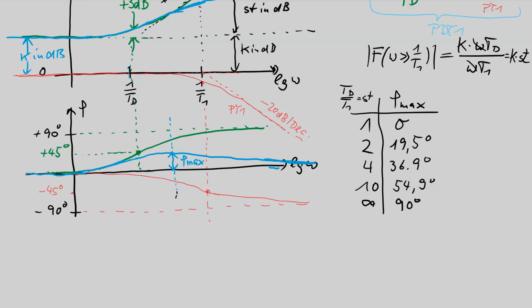We can say, okay, the omega max value of the phase curve, the middle point between this, is 1 divided by the square root of T1. The geometrical average of these both frequencies. The geometrical average means the product and then applying the square root function.